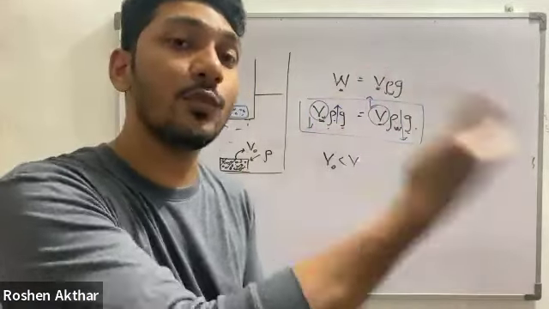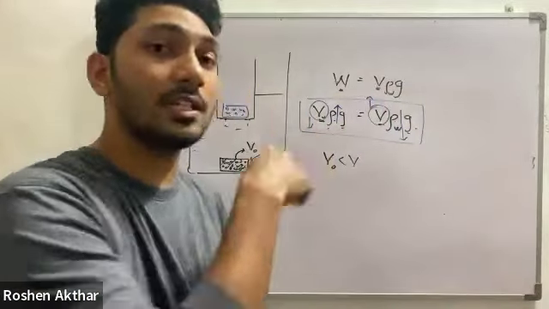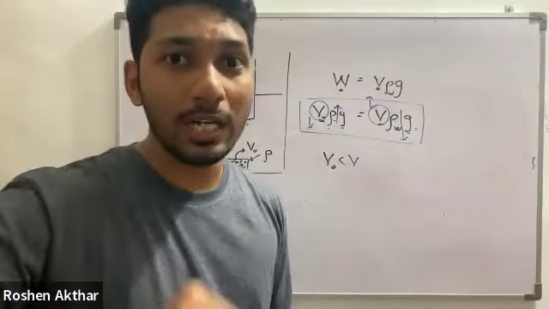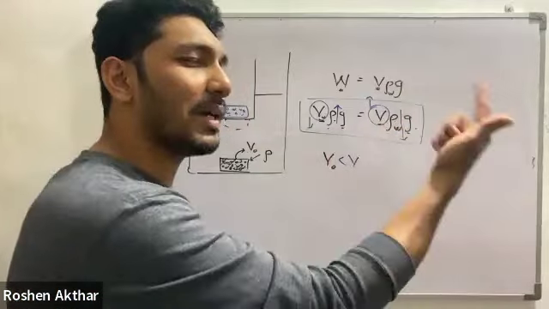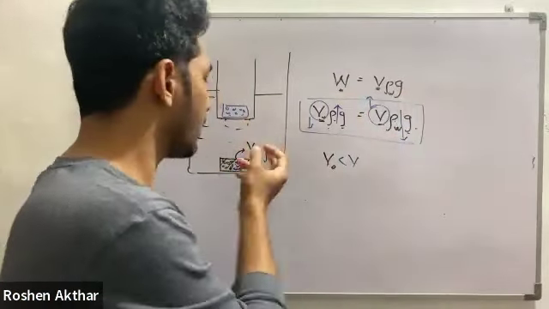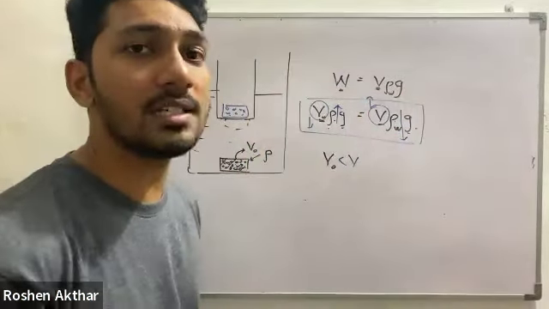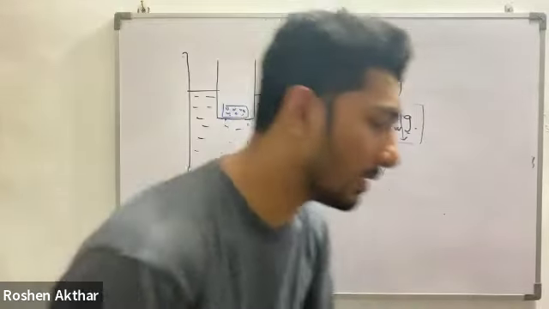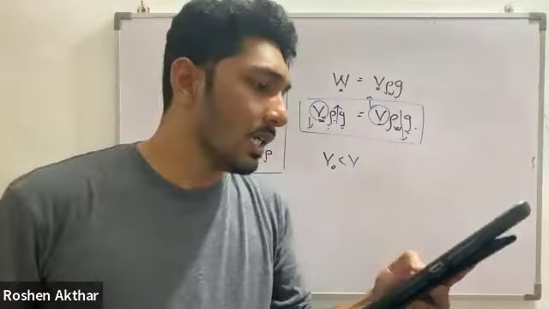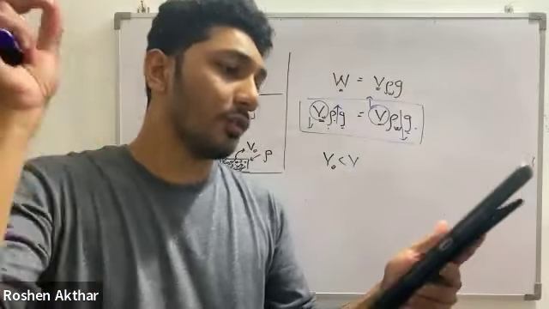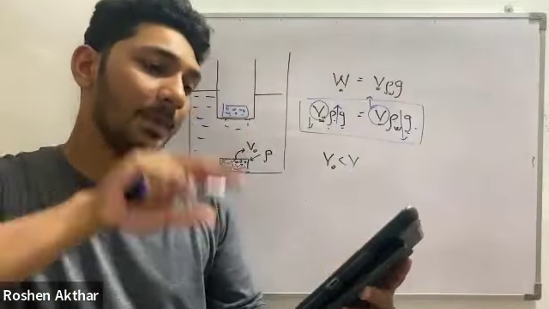But when it immerses, it displaces its own volume, which is less than the volume that is displaced when it is floating. So when you take it back and put it inside, the water level is going to increase. So that is correct.